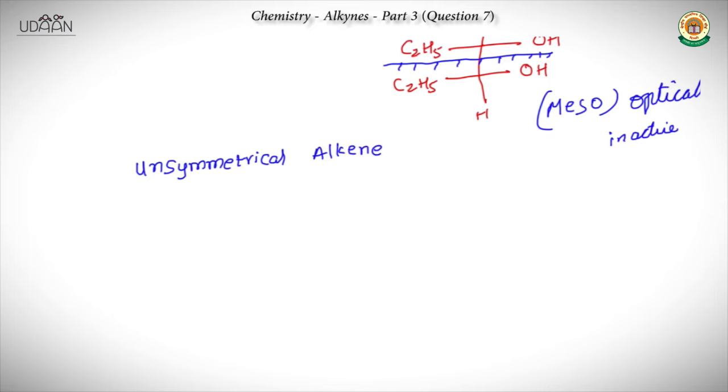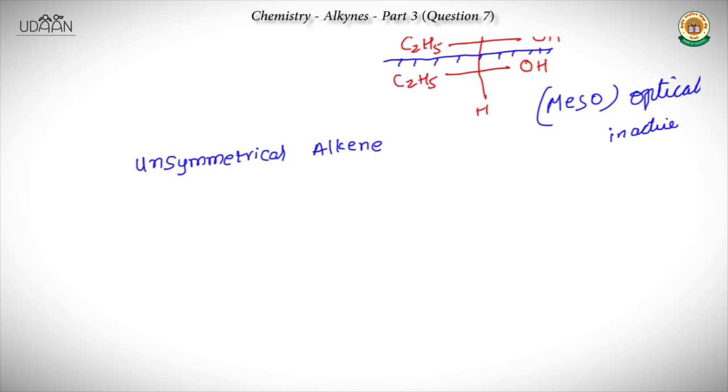Always remember that you get either of two products: one is racemic or meso. Now, if you are given a cis alkene, if it undergoes anti-addition, then you will get a racemic product.